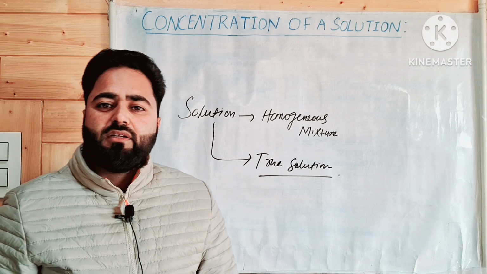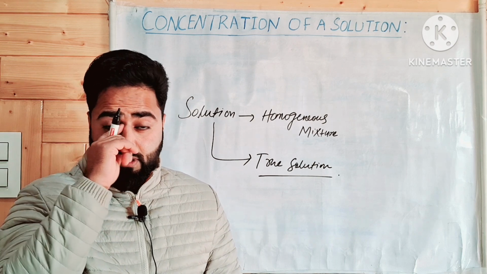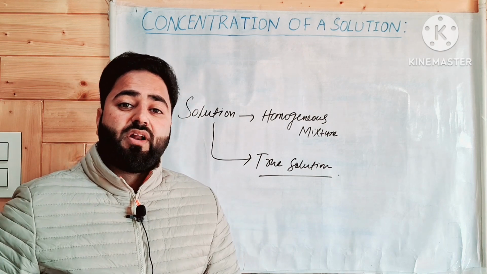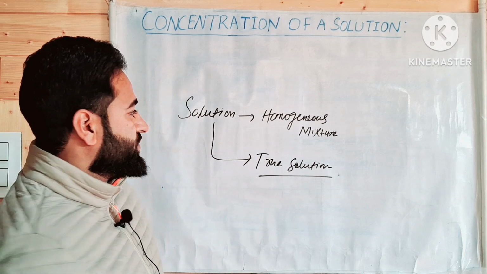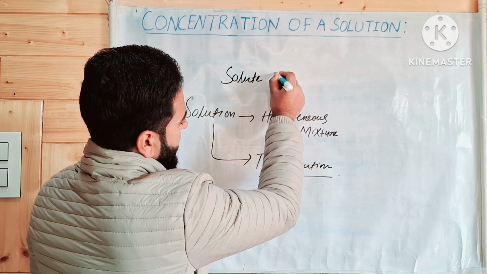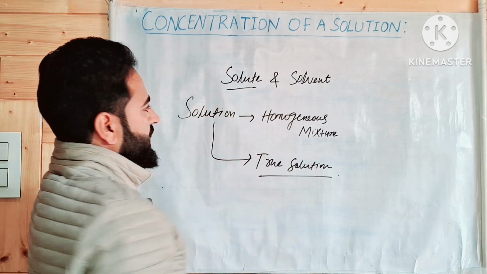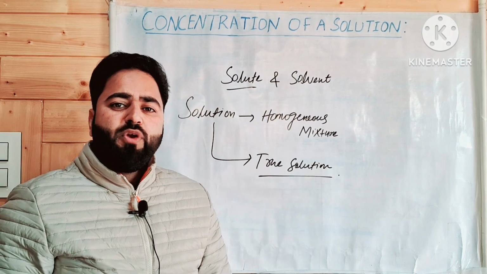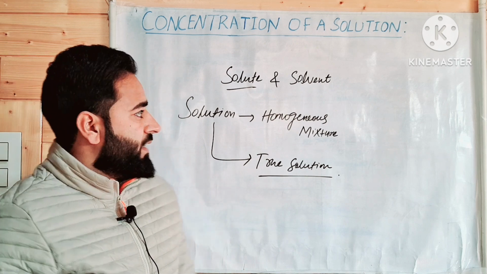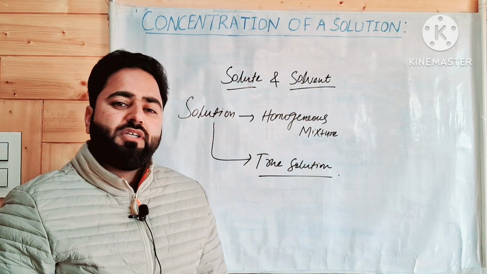As we know, a true solution is made up of 2 or more substances, and the substances which form a true solution are referred to as solute and solvent. Solute is a component which is present in small amount in a solution, and solvent is a component which is present in large amount in a solution.